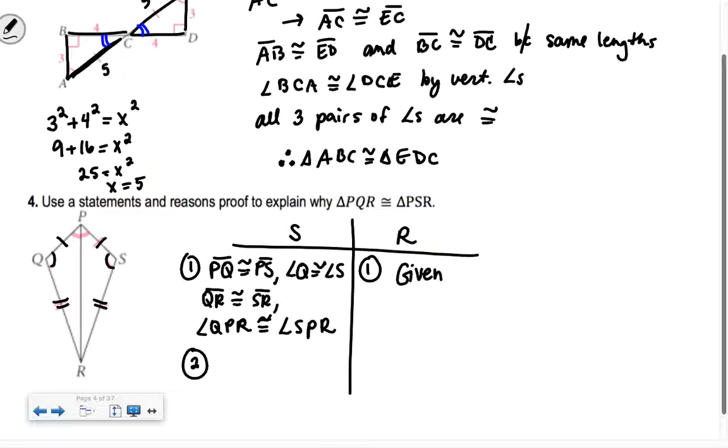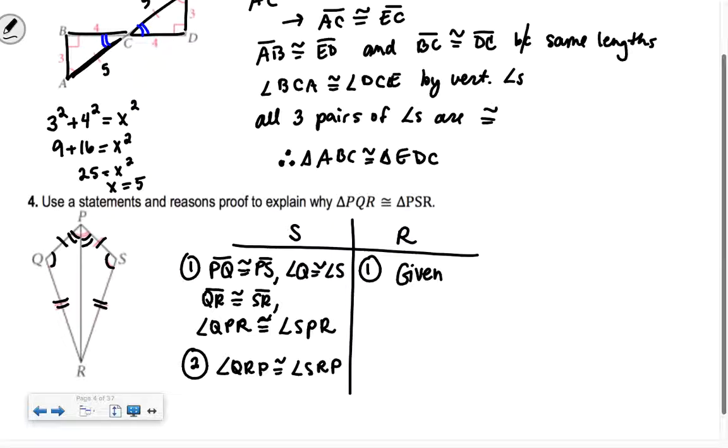All right, so what else do we need? We have 2 sets of angles, right? So we need that last angle. So how can I say that angle QRP is congruent to angle SRP?